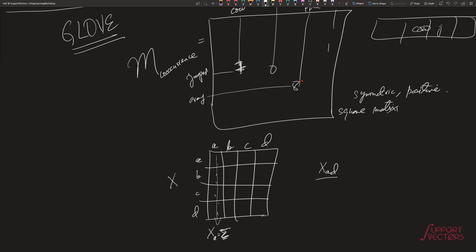Simple, right? So A occurred with A itself, cow, and 3, 1, 9. You can just add it up, so let us do that bit of arithmetic. XA here is equal to 9, 10, 15, and XAD is the value here. What is that?